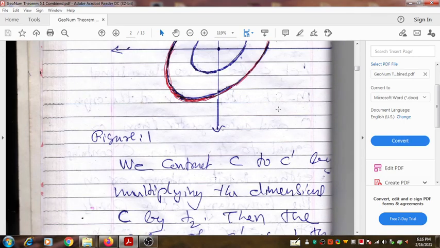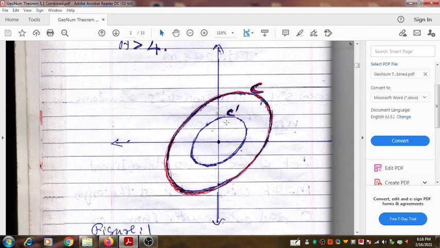Then what happens? If C does not contain lattice points other than the origin, remember the entire plane is filled with lattice points. Origin is one. If you go in any direction, anywhere, you will find a lattice point on this plane. You are very sure about that, because the lattice contains infinitely many lattice points.